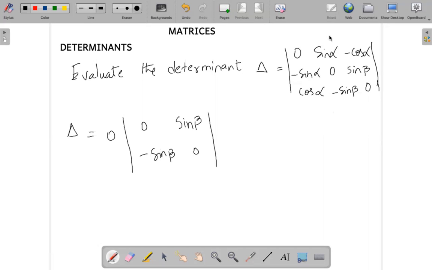We will put this minus again here, and this will be sine alpha, and corresponding to that will be minus sine alpha 0 and cos alpha minus sine beta, plus.